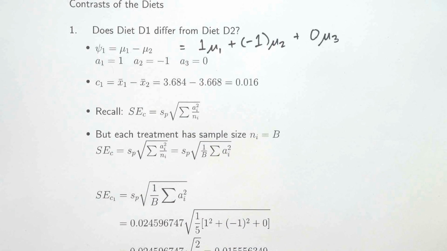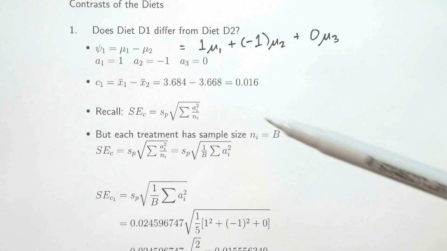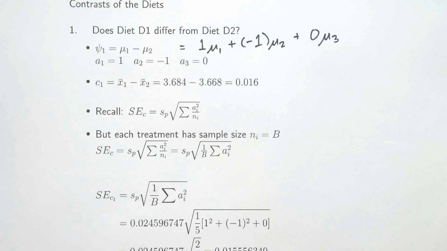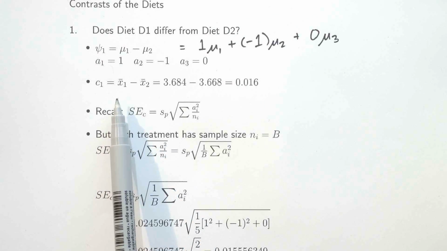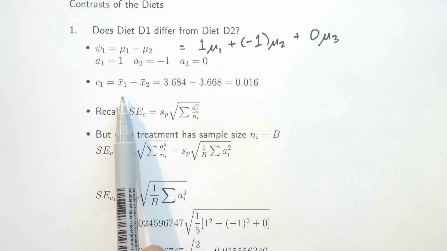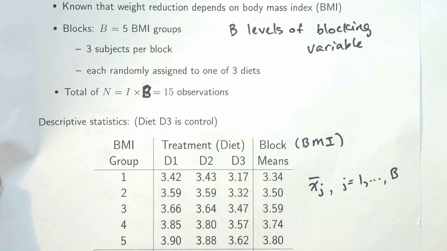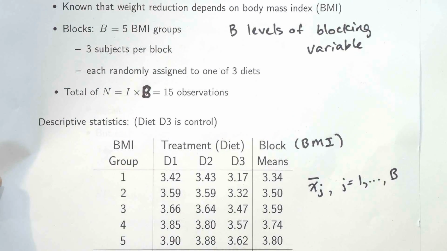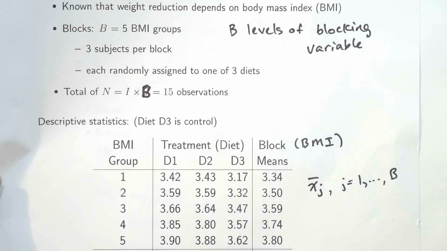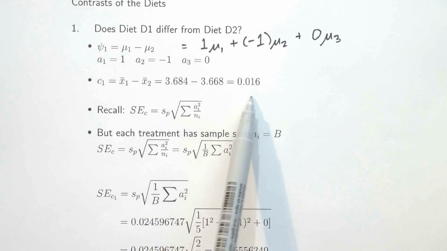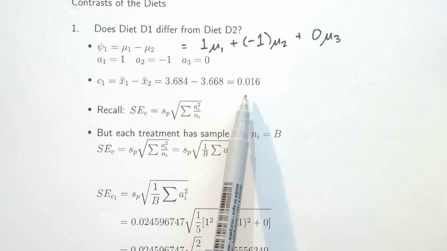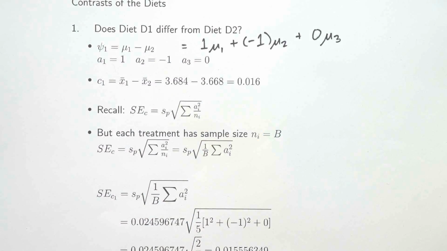To actually estimate the contrast, we have to look back at our summary statistics. So we would estimate the means by their sample means: x bar 1 minus x bar 2. Here is x bar 1 and x bar 2, 3.684 and 3.668. That gives us a difference of 0.016.